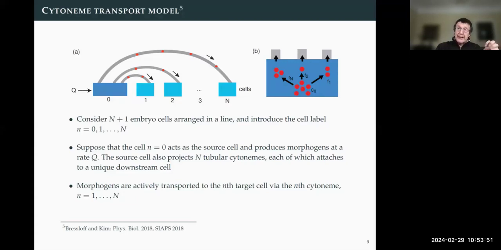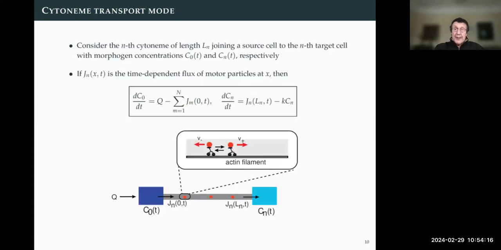One can speculate that one can control the morphogen gradients at a cell signaling level by assigning relative rates to the different cytonemes in the source cell, so there could be a higher probability of sending morphogen to one cytoneme rather than another. That hasn't been tested experimentally, but it allows an extra freedom of control in this sort of setup. The mathematics is pretty simple.